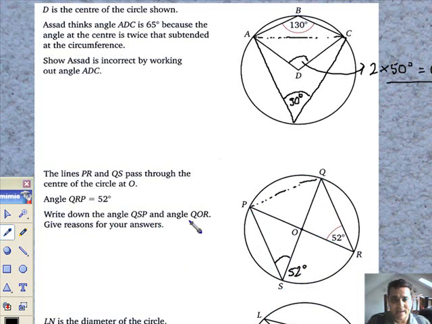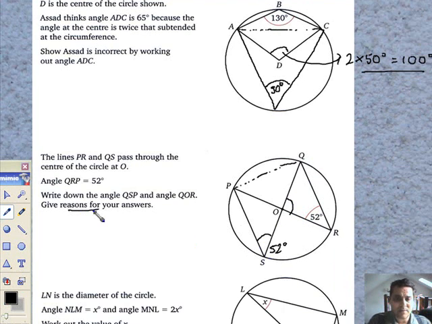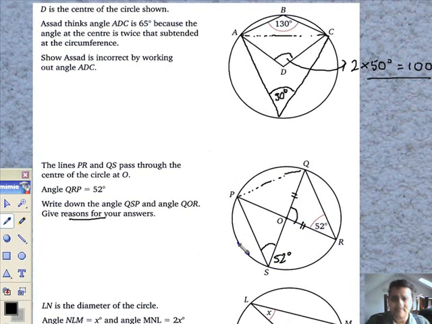And I've got to write down angle QOR. Well, that's that one there. I'm told to give my reasons when I'm speaking them. So, what have I got here? If that's the centre of the circle, then I reckon that is a radius, as that is a radius. If these two lengths, QO and RO, are radii, we have an isosceles triangle, which means that angle RQO is also 52 degrees.